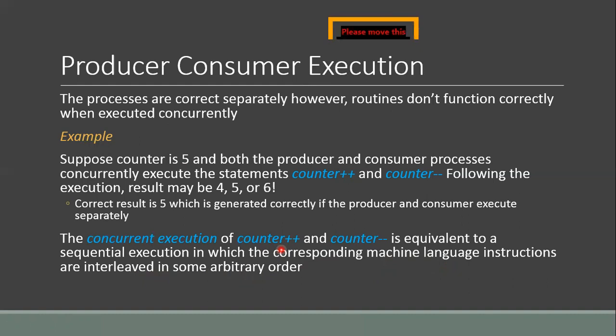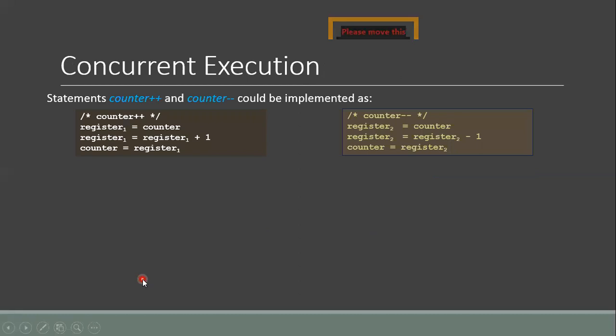Why is it not guaranteed? Because these instructions will be executed concurrently. So their execution will be interleaved. Let's see the effect of interleaved execution or concurrent execution of these 2 statements.